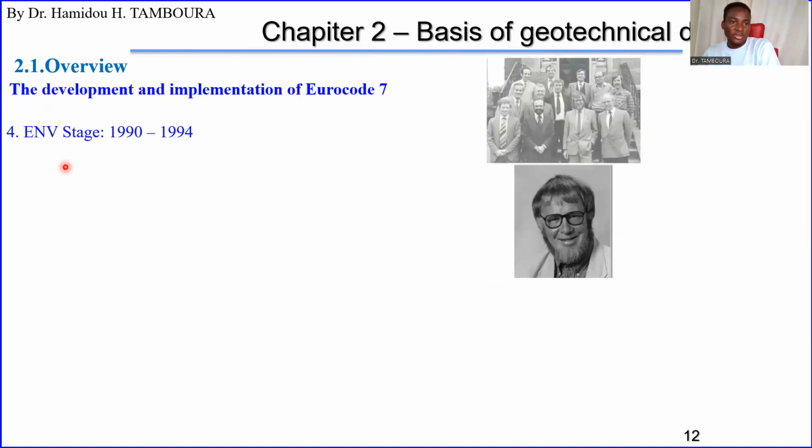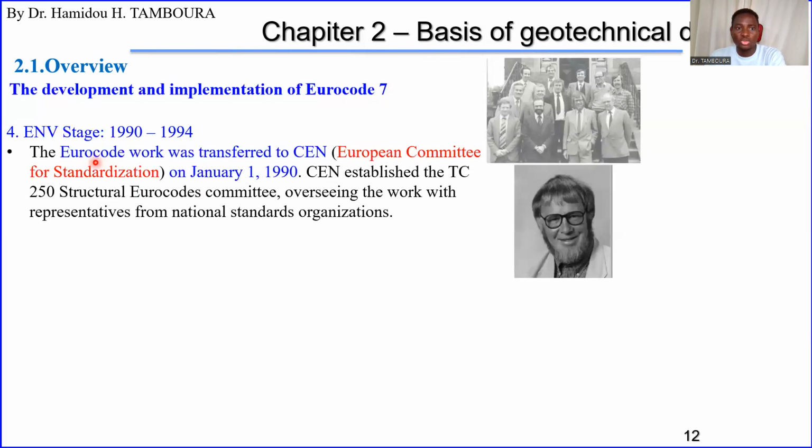So after the first draft, now comes the trial version of Eurocode, which took from 1990 to 1994. So this Eurocode work was transferred to the European Committee for Standardization on January 1st, 1990.